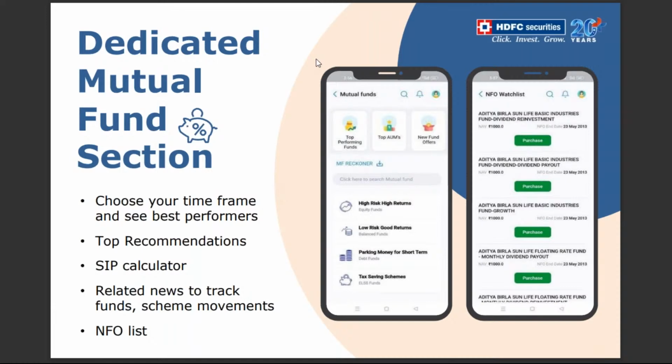This is an interesting option where the customer will get the real value, like after 3 years what is the money that I'm going to get. Some applications do not have the SIP calculator, but we are giving this option to the customer to get some idea of the returns, and the related news is also updated here.